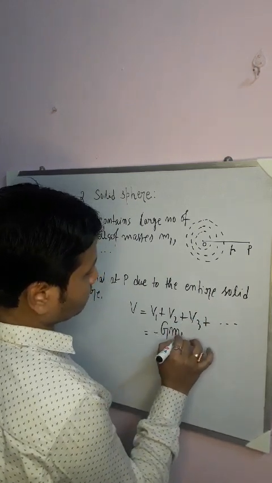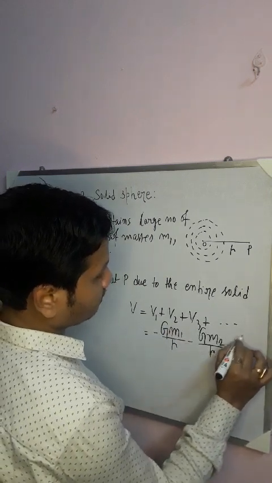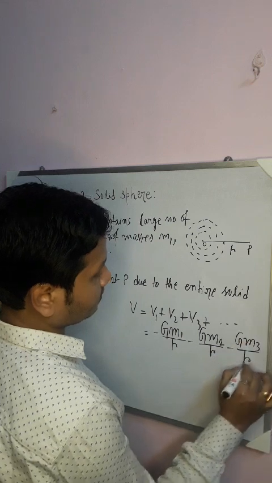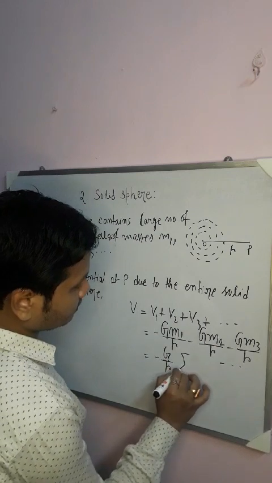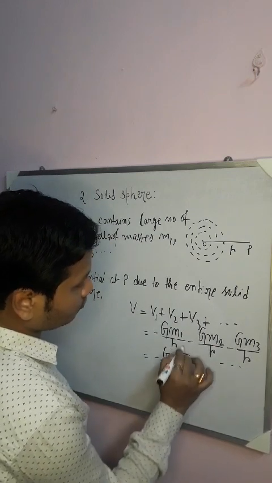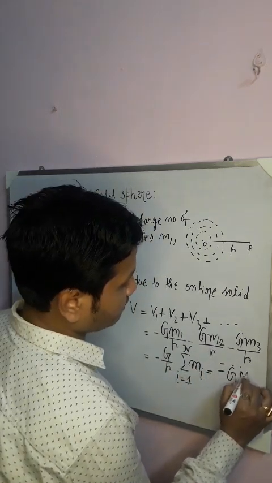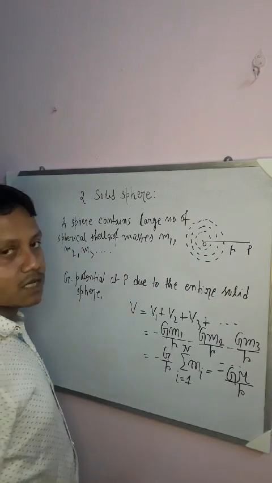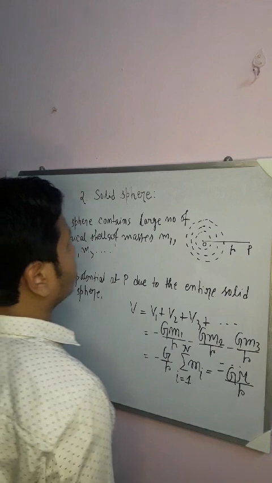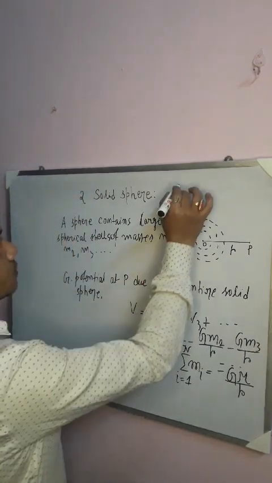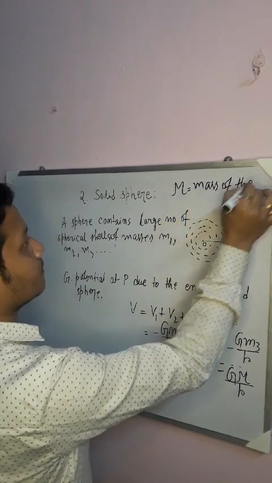The mass of the first shell is m1, so minus G m1 by r, minus G m2 by r, minus G m3 by r, and so on. So we can write minus G by r times the sum over i equal to 1 to n of mi. So simply minus G M by r, where capital M is the mass of the entire solid sphere.